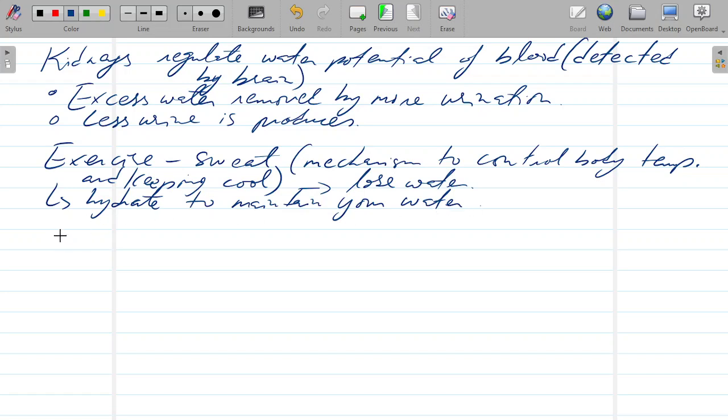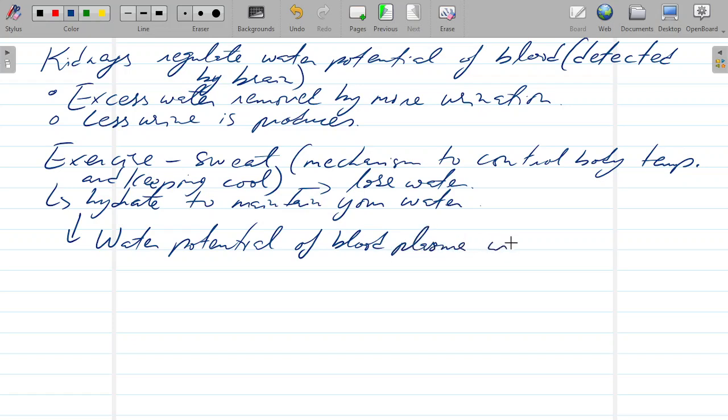Right? What will it do? Because you've lost water, the water potential of your blood will fall. Water will leave the red blood cells.